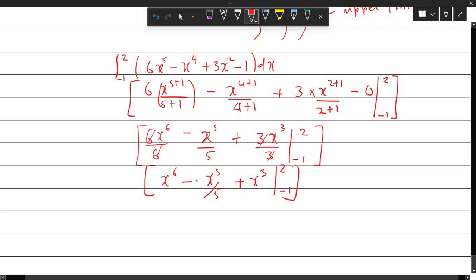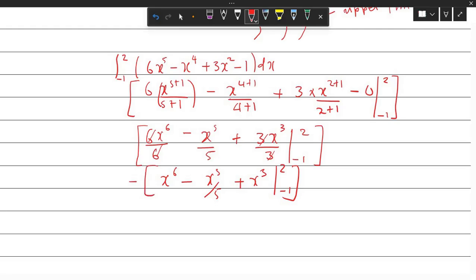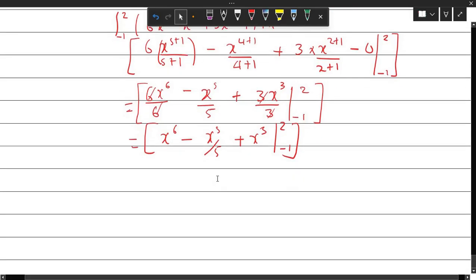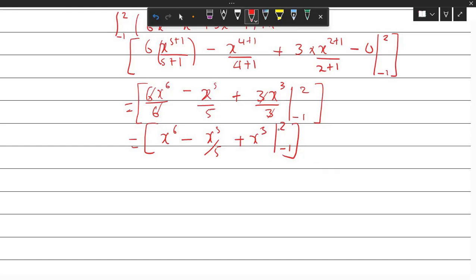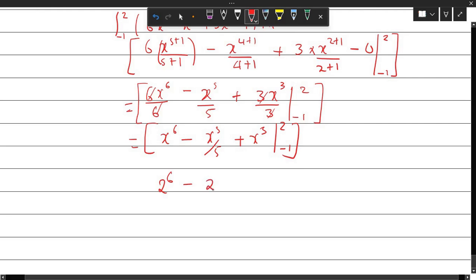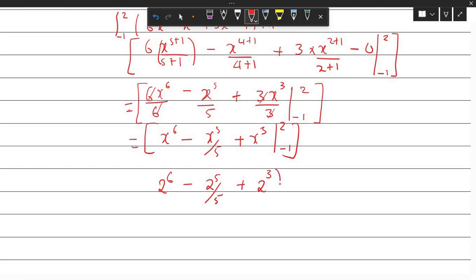So when you reach here now, you substitute the limits. So it's upper limit minus lower limit. The upper limit is 2, so everywhere where there is x, we substitute 2. So we say 2 to the power 6 minus 2 to the power 5 over 5 plus 2 to the power 3.